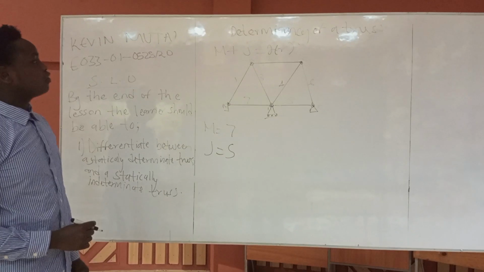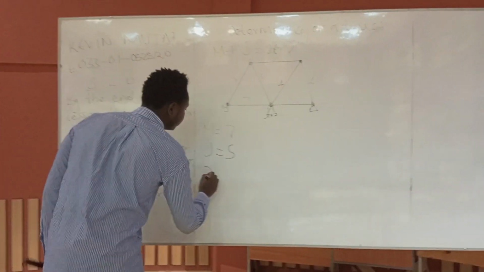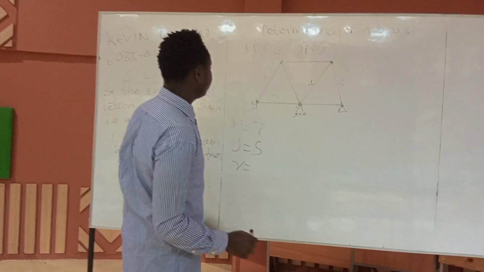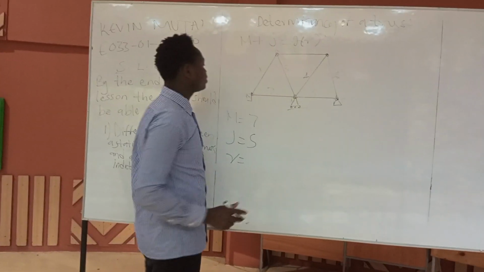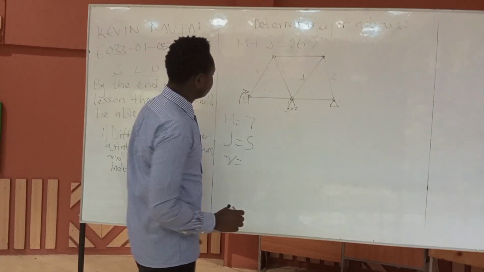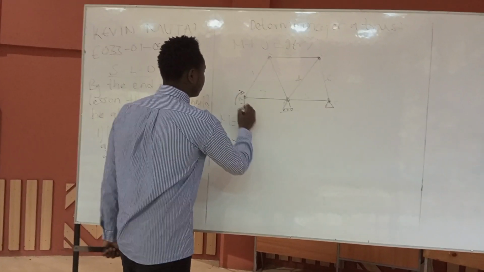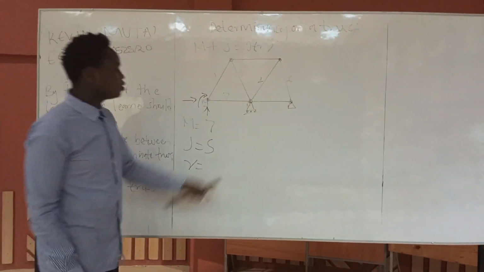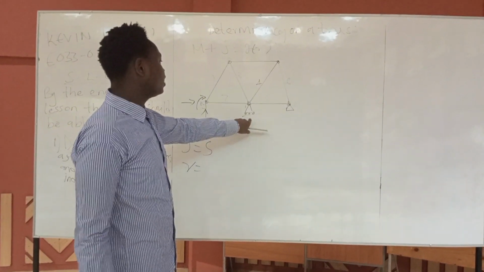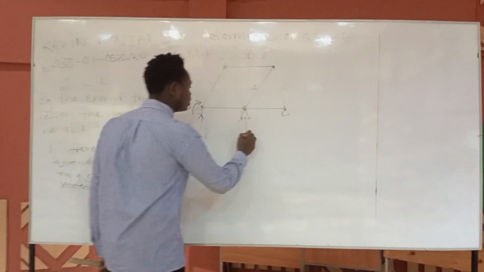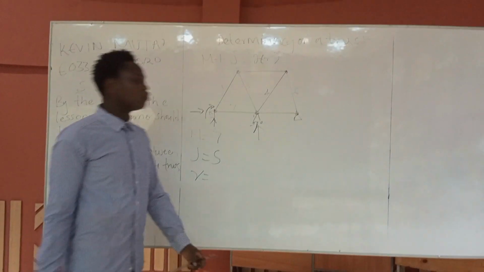So for reactions, in our case, we have a fixed support. In fixed, we have 3 forces acting on it: moment, vertical, and horizontal. Roller supports always have one force, which is a vertical force.